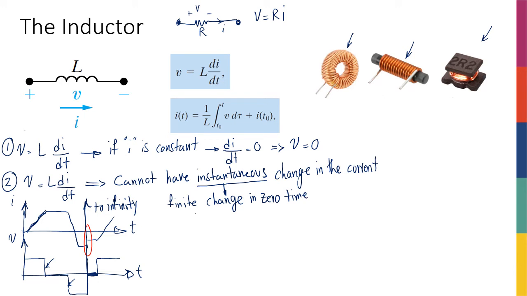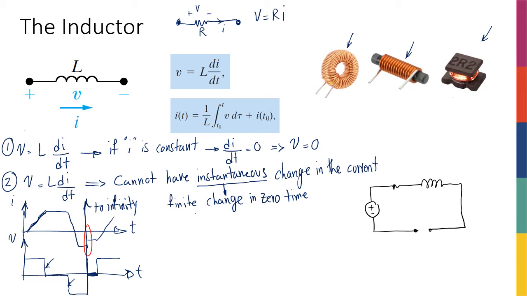Okay. Now, you might think that, well, in practice, let's say I have this circuit. I have a voltage source, a resistor, and then an inductor. And let's say I have a switch here.